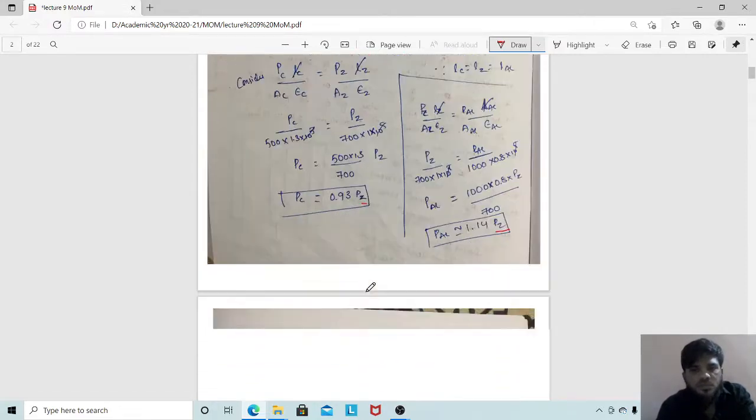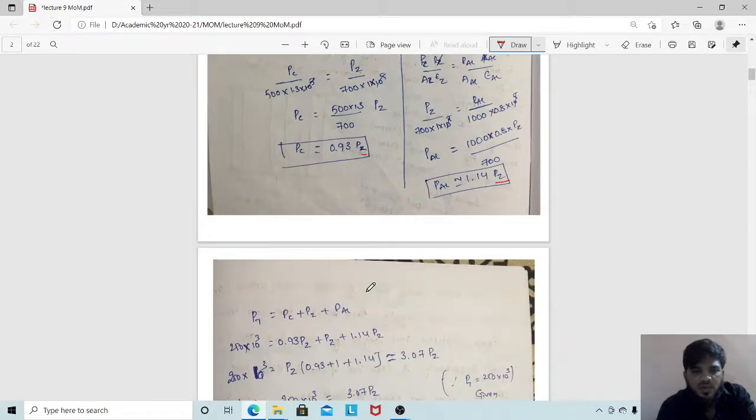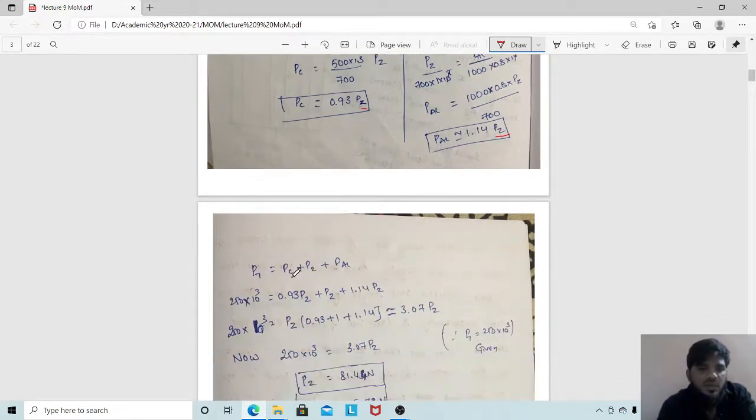Okay. Now let us go back to the condition 1. What is condition 1? Condition 1 is PT is equal to PC plus PZ plus PAL. Clear? So from here I am going to substitute in the place of PC the value of 0.93 PZ. In the place of PAL, we can substitute the value of 1.14 PZ.